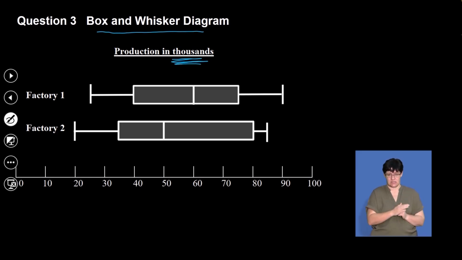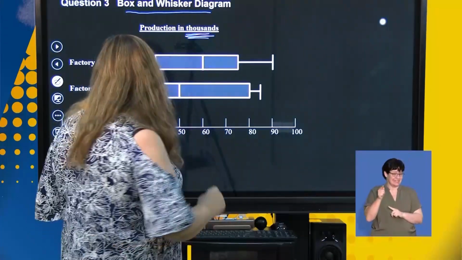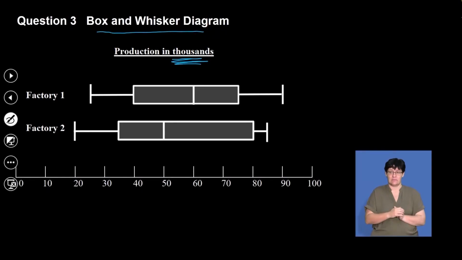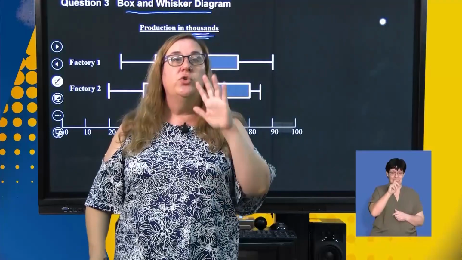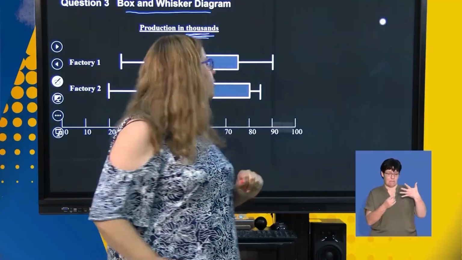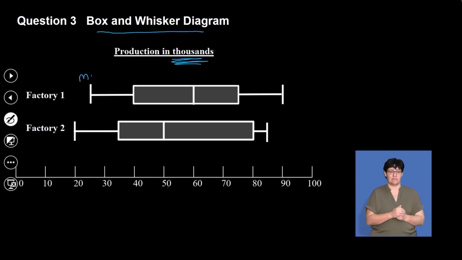That is an important point to see in our diagram, because each one of these is actually 1,000. So it's 10,000, 50,000, etc. And when we have our box and whisker, remember, it separates your data into your 5-number summary. So it's got your min, it's got your max, it's got your Q2, Q1, and Q3.